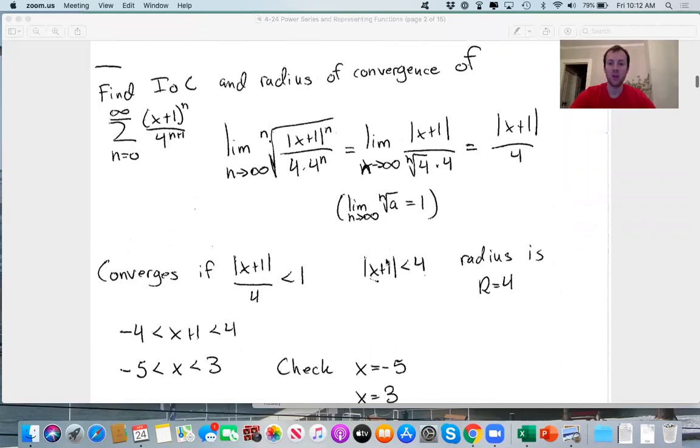If this inequality is true, sorry, this limit is less than 1, which means the root test said you converge. If you have the flipped inequality, that means this expression is greater than 1, and the root test says you diverge there. So at this point, this is where we can read off the radius.